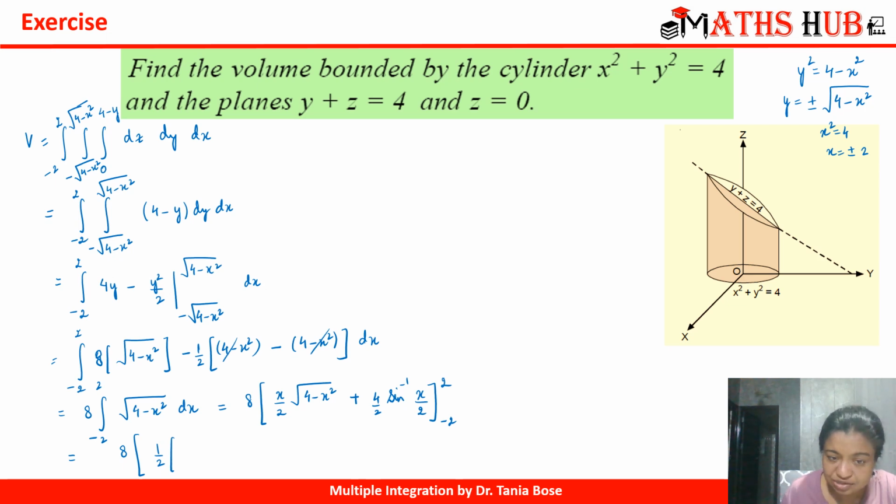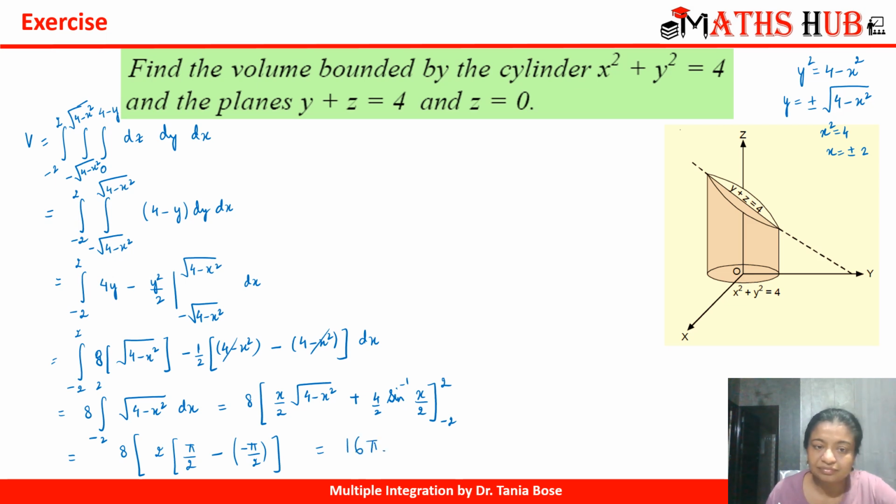And when I put minus 2, that will also make it 0. So in the next term, I have 2 common, so let us take out 2. Now sine inverse 2 by 2, sine inverse 1 is pi by 2. Then I have minus, then I will have again sine inverse minus 2 by 2, so that is again minus pi by 2. So pi by 2 plus pi by 2 is pi. So that will turn out to be 16 pi. Right? So this would be the answer.